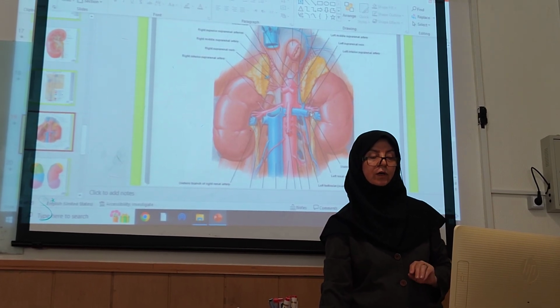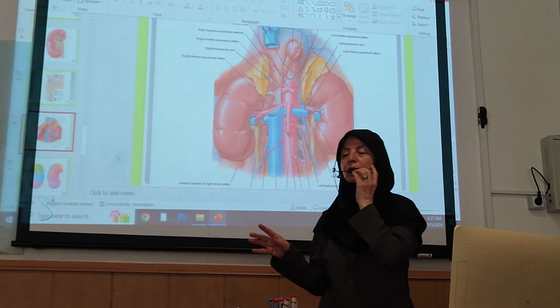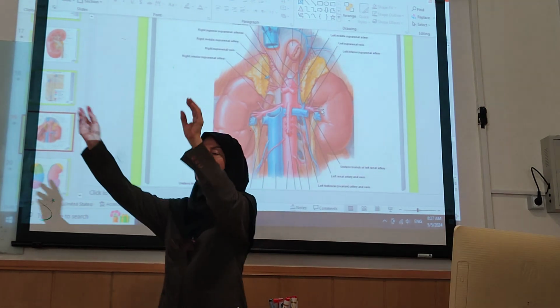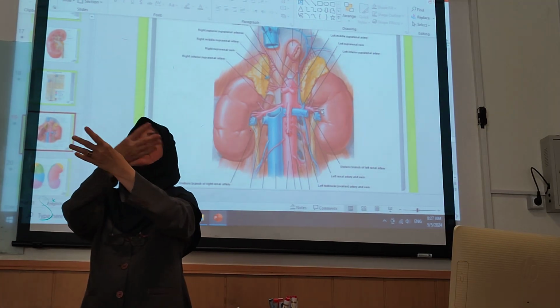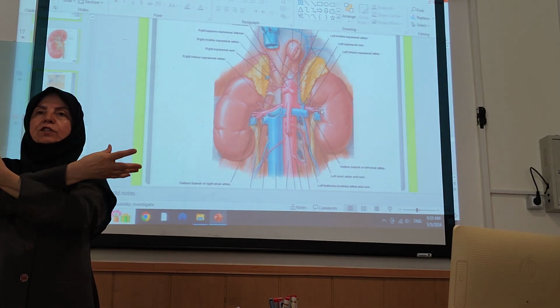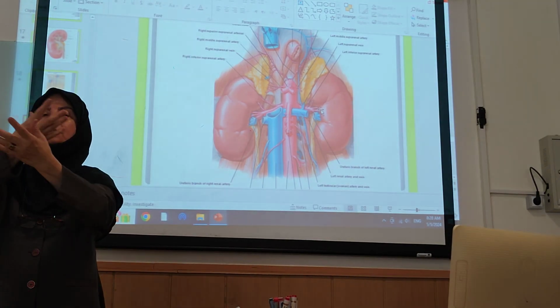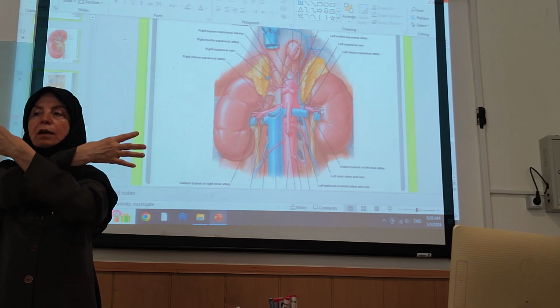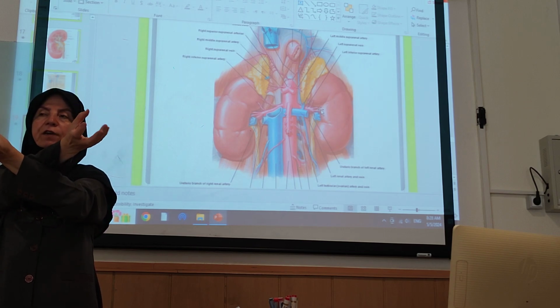Each of them is going to go inside of each kidney, and to be able to remember, I show you this position. I told you, imagine this position and never forget. I have 5 fingers.